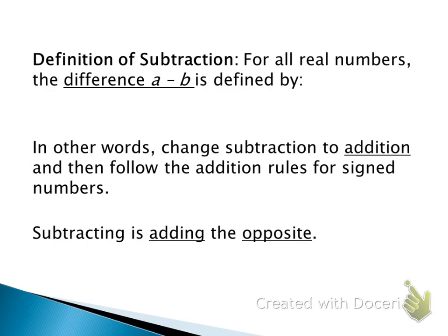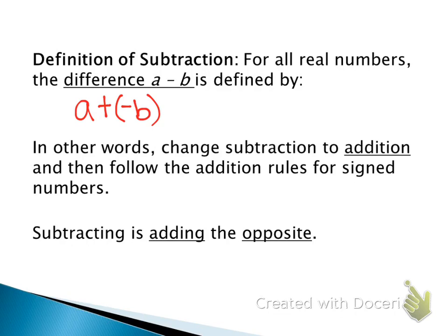Our definition of subtraction. For all real numbers, the difference A minus B is defined by A plus the opposite of B, or negative B. In other words, change subtraction to addition, then follow the rules for signed numbers that we learned yesterday.